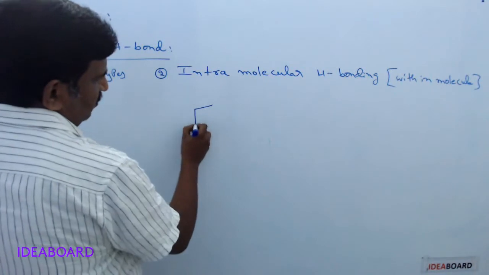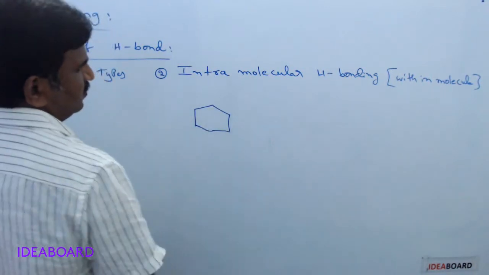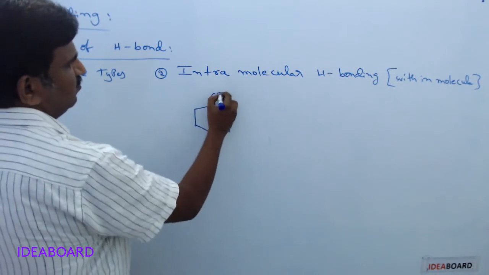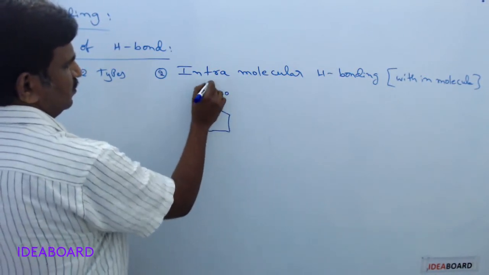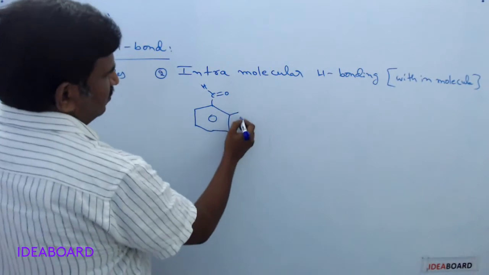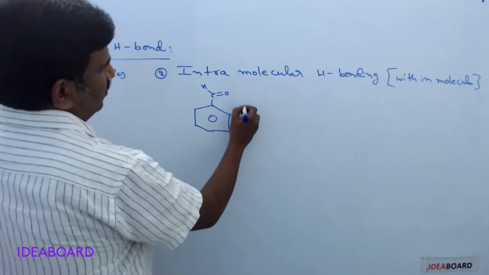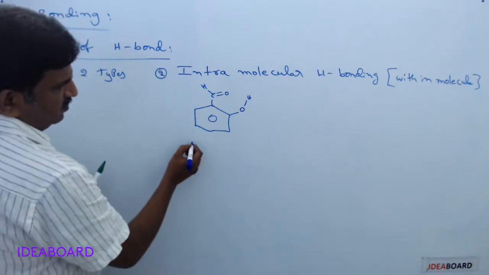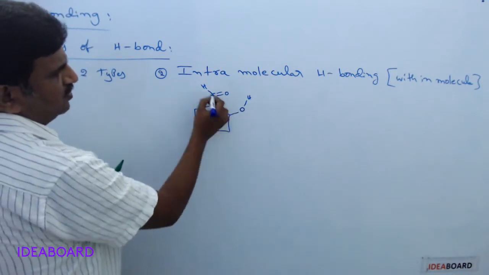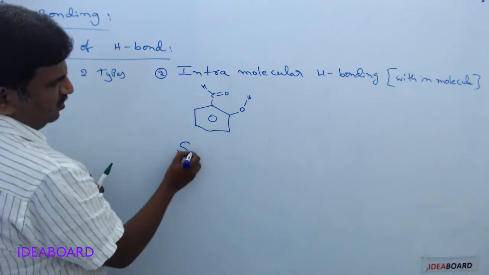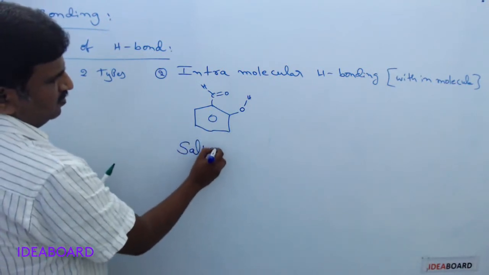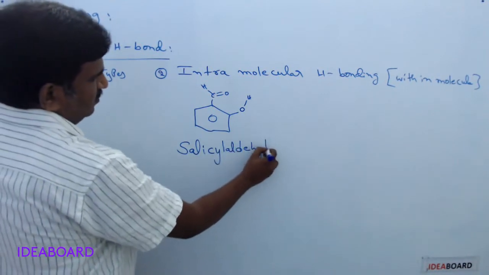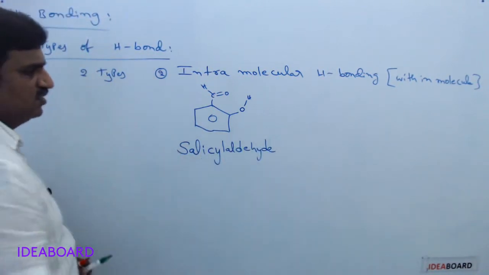For example, I am taking a benzene ring and here there is a C double bond O H. Okay, and here there is an OH group, for example, OH is present. This is called orthohydroxybenzaldehyde, or the common name of this compound is salicylaldehyde. About these names and structures we will study in organic chemistry.